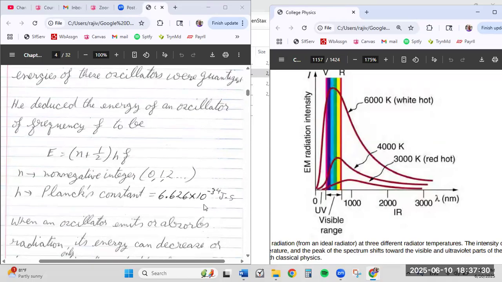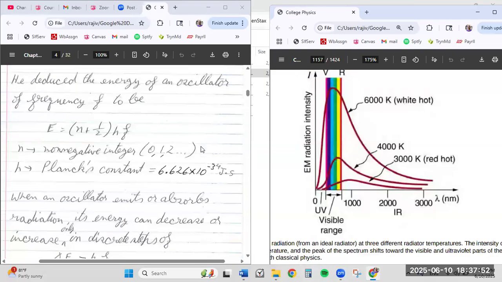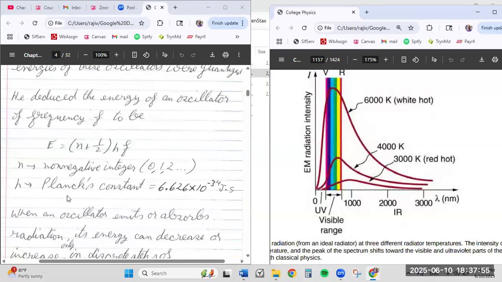And he deduced the energy of an oscillator of frequency f to be given by this equation: E equals (n plus 1/2) times a constant h times the frequency f. n here in this equation is a non-negative integer, so 0, 1, 2, 3, etc. h is a constant called Planck's constant, which has a value of 6.626 times 10 to the negative 34 joule seconds.